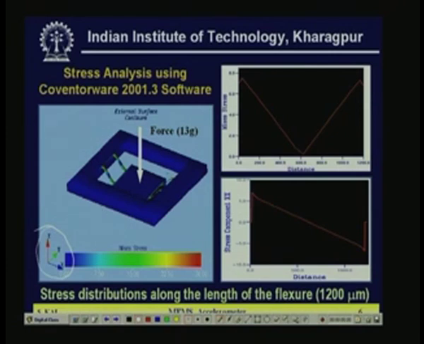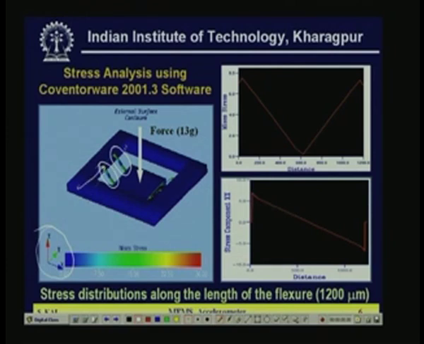As a result, you can see here the flexures, this is one flexure and this is another flexure, and how the flexures take shape. If you go for stress analysis, then the colored notation here shows the variation of the stress along the length of the flexure, and obviously the colored indication shows that maximum stress is at this point.